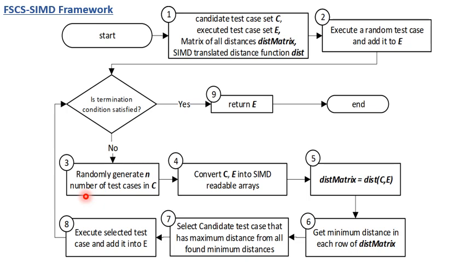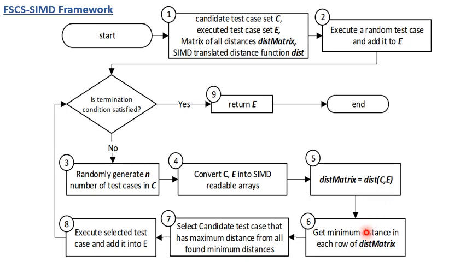The number of candidate test cases is generally 10 in most ART studies. The primary process of SIMD spans from step 4 to step 7. In step 4, C and E are converted into SIMD data types. In step 5, the dist matrix is generated from all pairwise distances of C and E using SIMD. This step is the most important in terms of time overhead reduction.